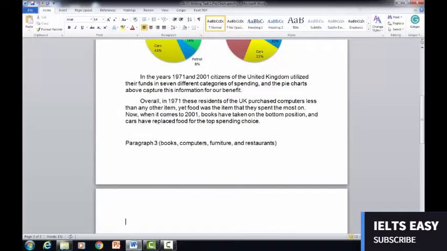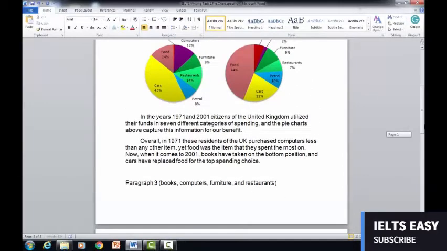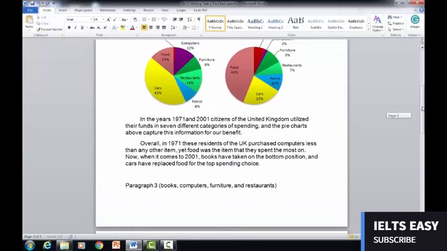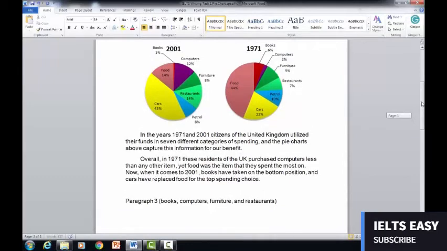And then in paragraph 4, we're going to make comparisons of the numbers for petrol, cars, and food. And that's what we're going to do. We are going to compare numbers.